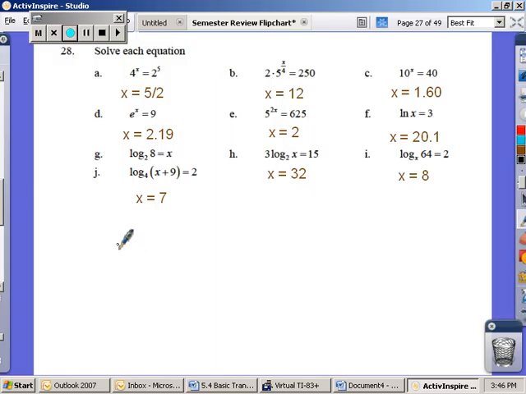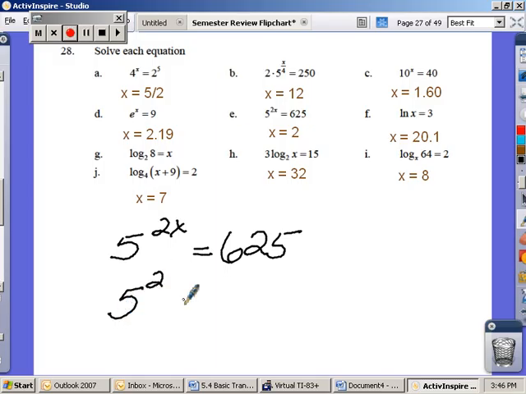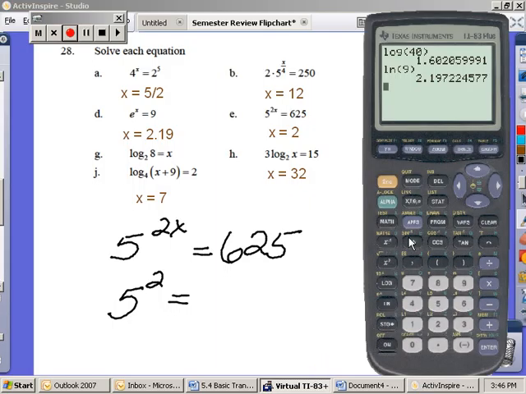Letter E. 5 to the 2x equals 625. Can 625 be written as a base 5? Yes. How can you find that out? You can go to your calculator and type 5 caret 2.